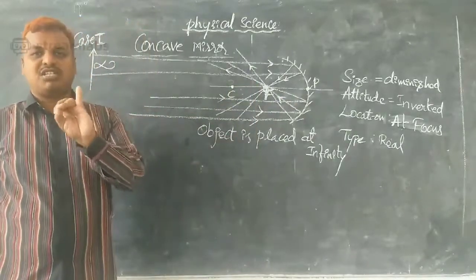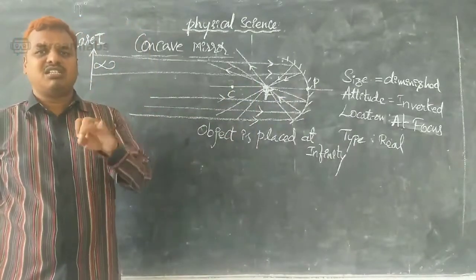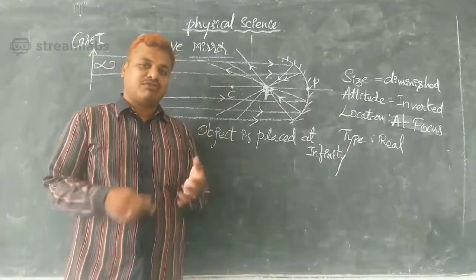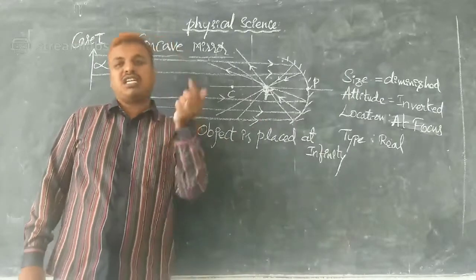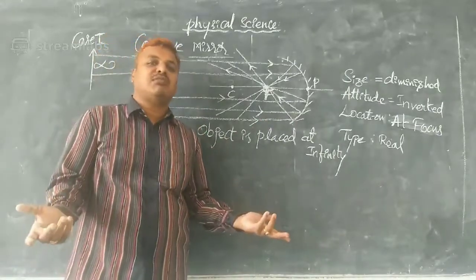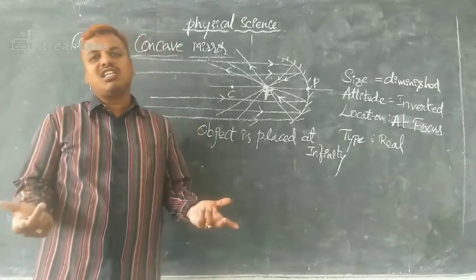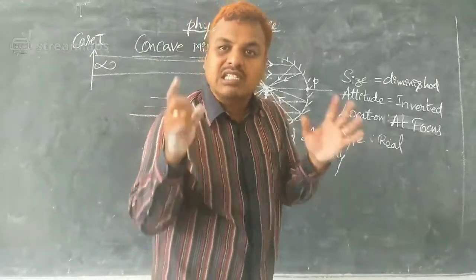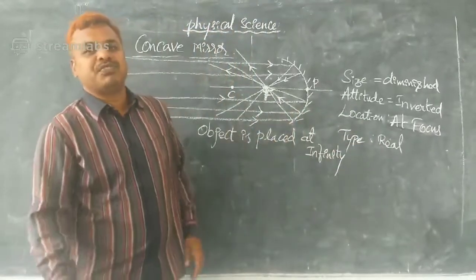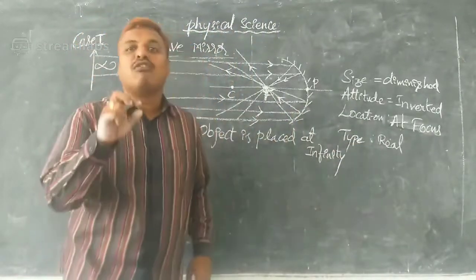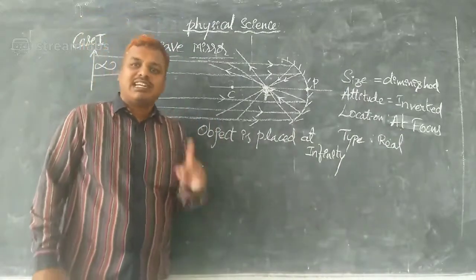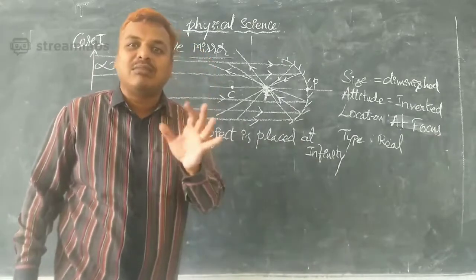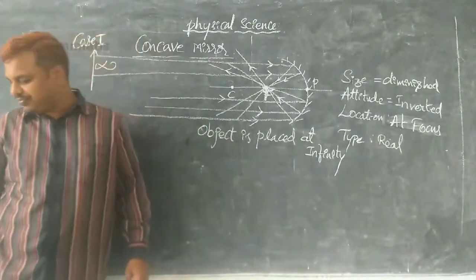Size of the image is diminished, attitude of the image is inverted, location of the image is at focus, and since it is inverted, type of the image is real image. Erect image is called virtual image. Inverted image is called real image. Okay.